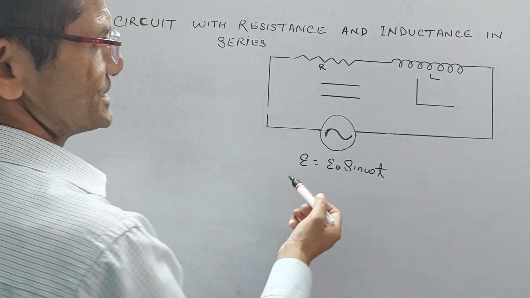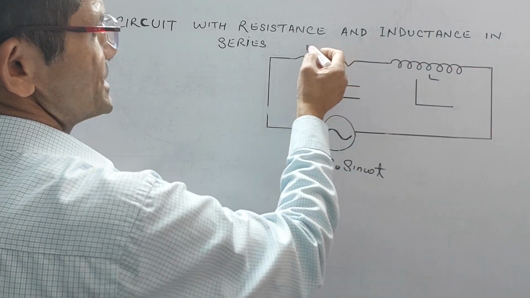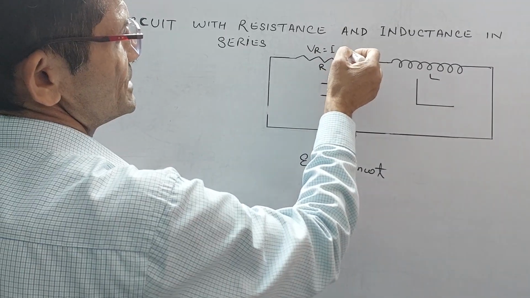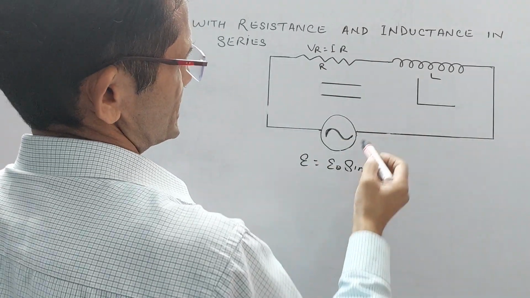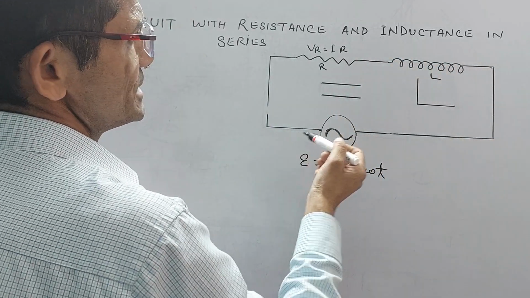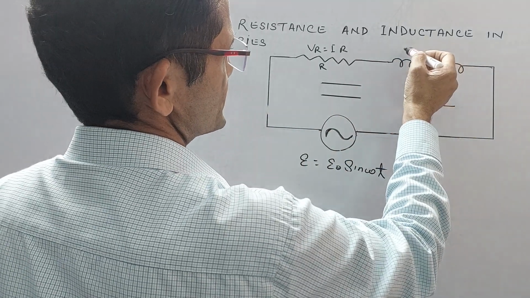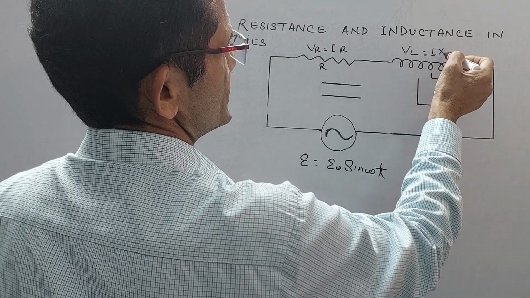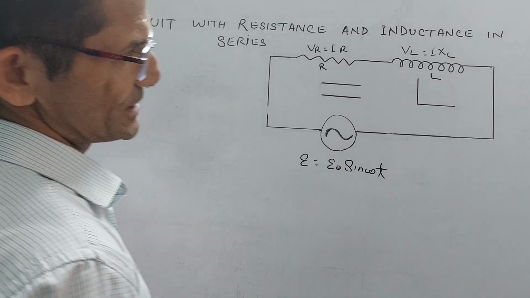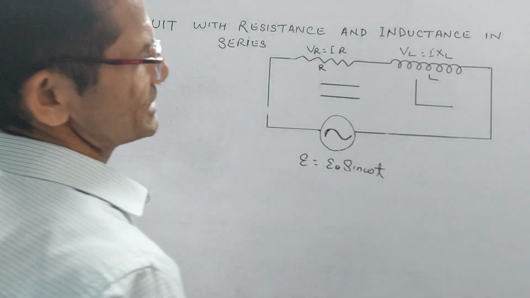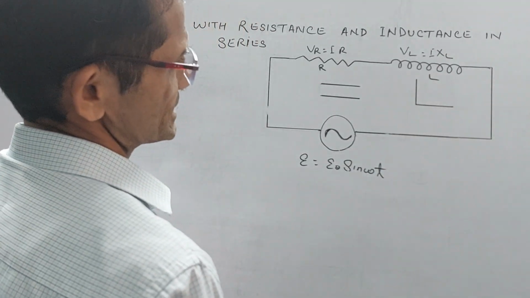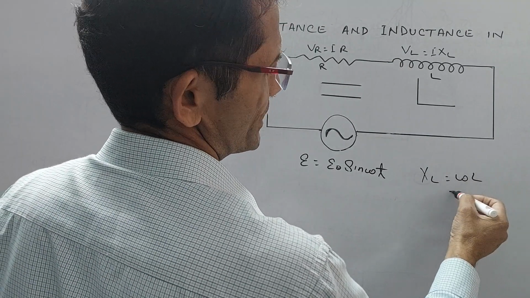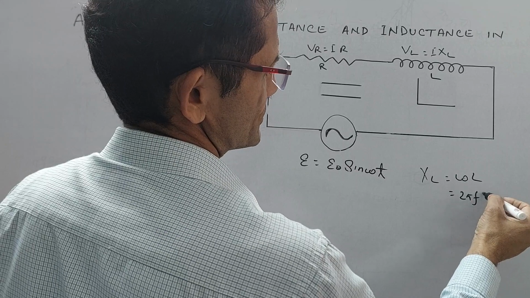At that time the voltage across the resistor is VR, which is equal to I multiplied by R. The current in this circuit is I, and the voltage across the inductor will be VL equal to I into XL. We already know that the reactance offered by the inductor is represented by XL, which is omega into L, and omega has the value 2 pi f.